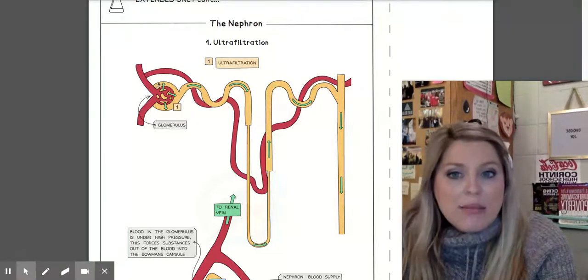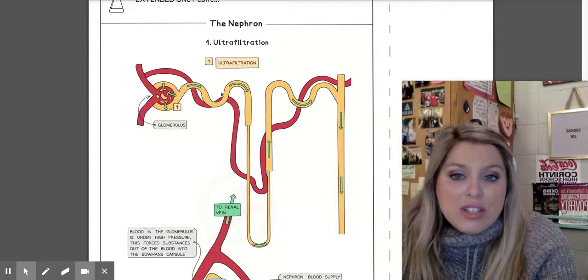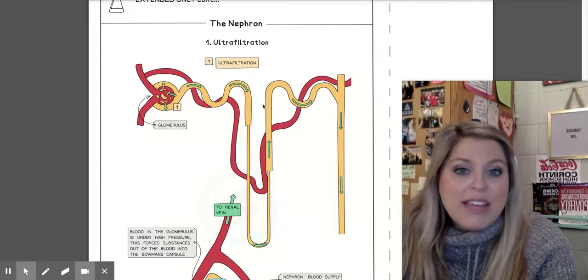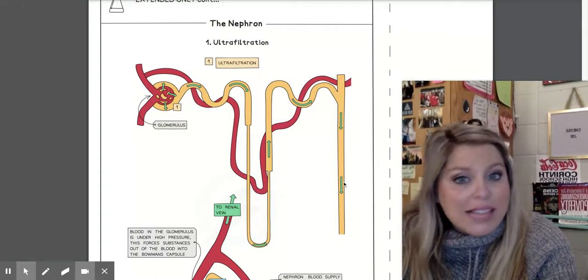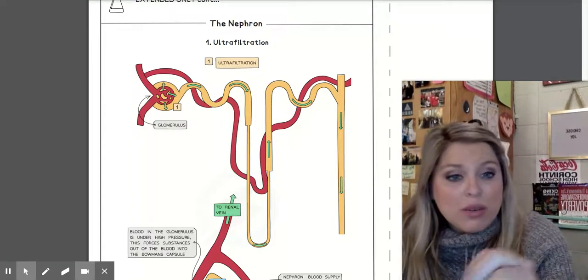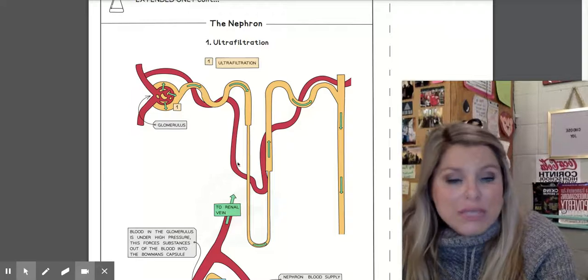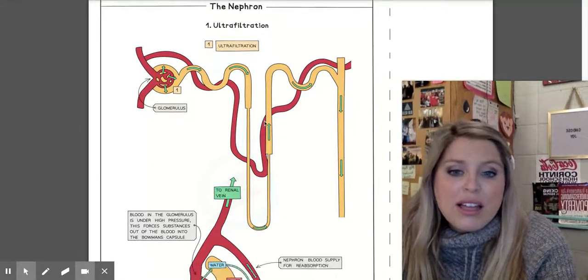They hit the glomerulus first, and then those materials move into the tubules that form into the loop of Henle. Remember, this is the proximal, this is the distal, and then the collecting duct. But all around these are capillaries that can absorb the different materials, specifically where they land in each part of the nephron.